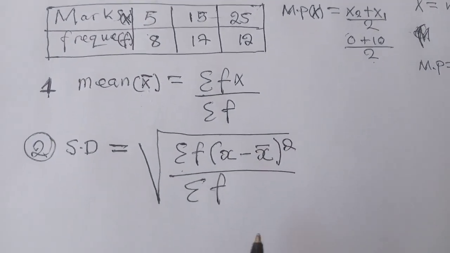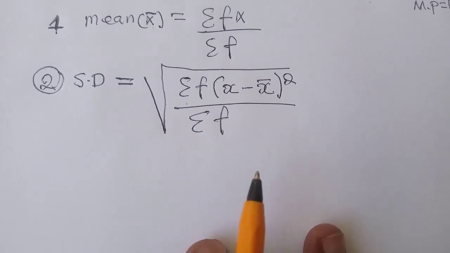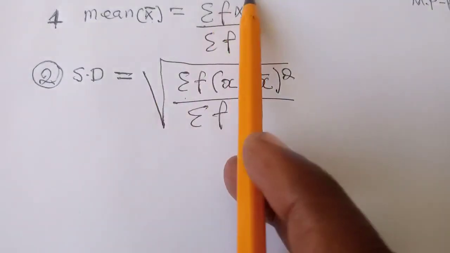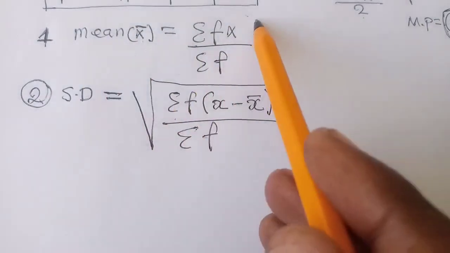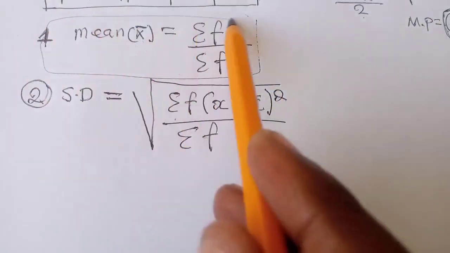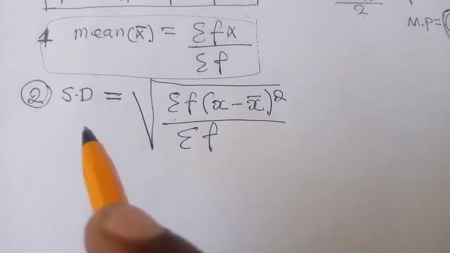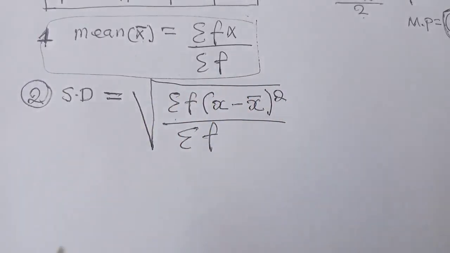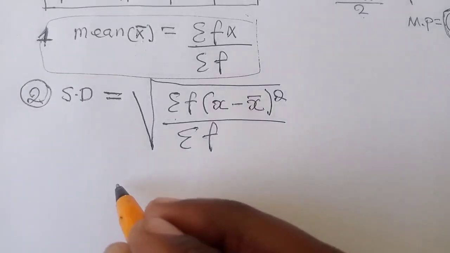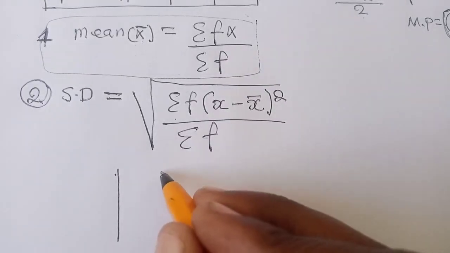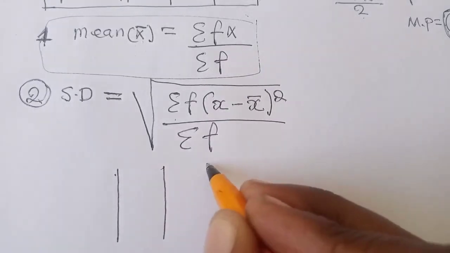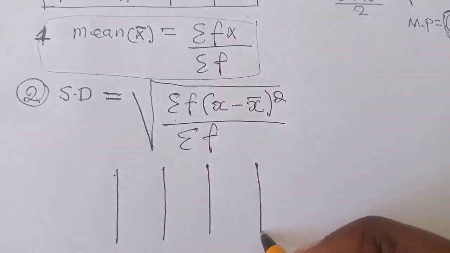If you want to create a table, if you remember very well, I taught you how to create a table. The first step is to find the mean. When you are finding the mean, I said that the table for the mean has only 3 columns.